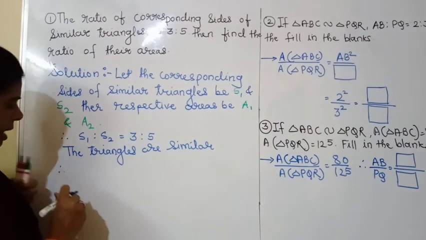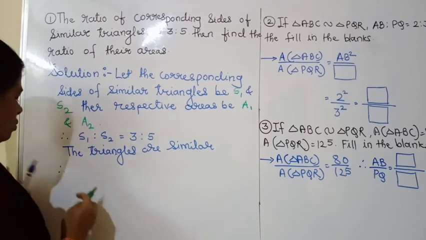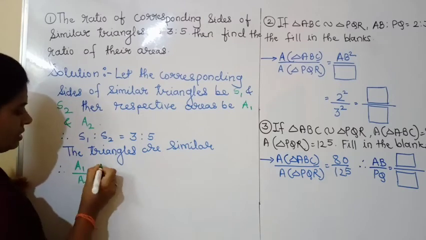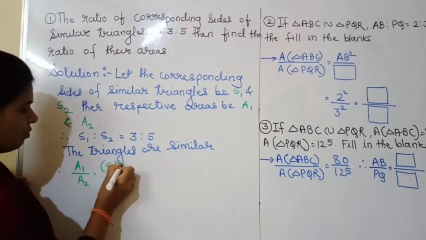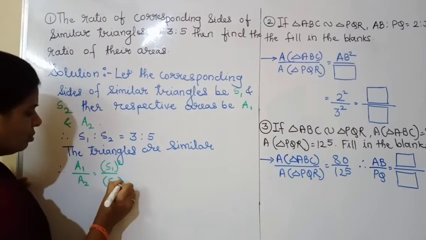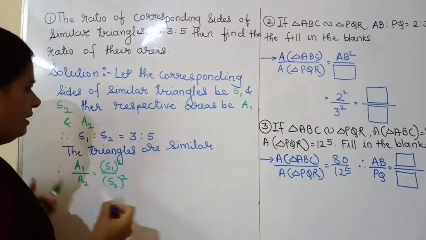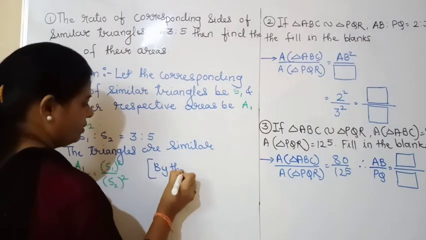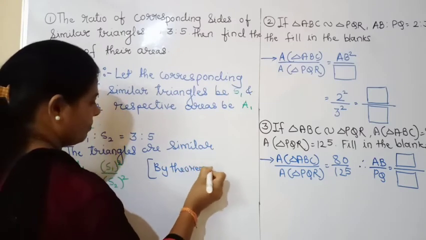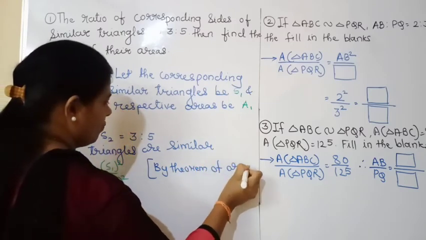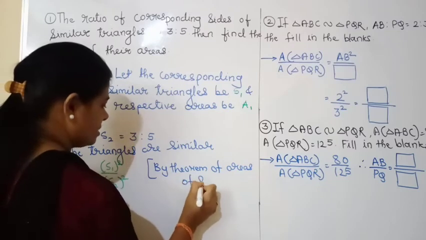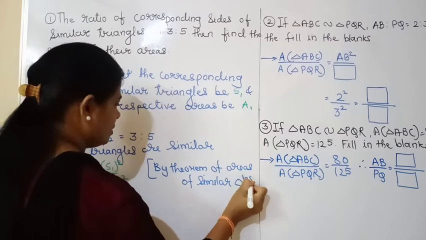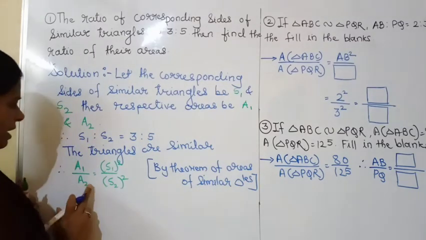Therefore, as the triangles are similar, we can write A1 upon A2 is equal to S1 square upon S2 square, and we'll write the reason in the bracket, by theorem of areas of similar triangles. So by using this theorem, we can write the ratio.